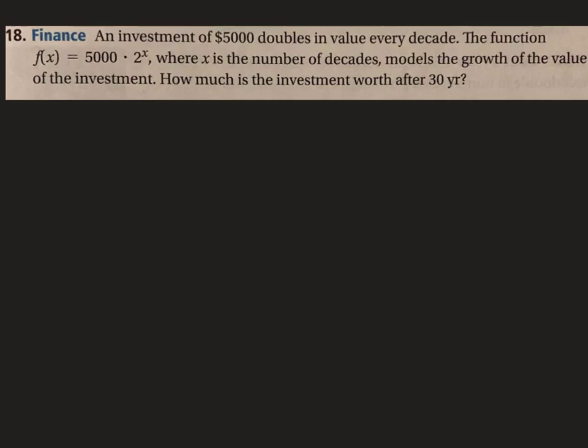I want you to take a look at a couple of these word problems and help set those up. Again, remember, at least for here, they're giving you the equation. I do want to remind you, though, that the equation is y equals a times b to the x, where a is going to be your initial value, and b is going to be that rate of change, and x is typically the amount of time that something is going on.